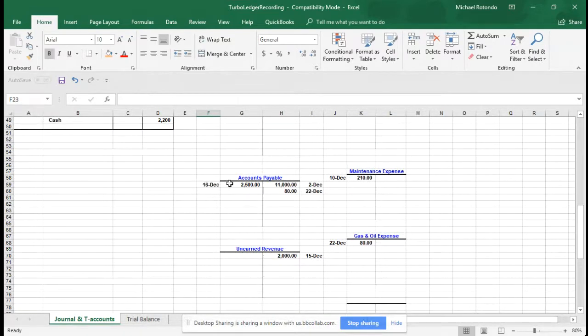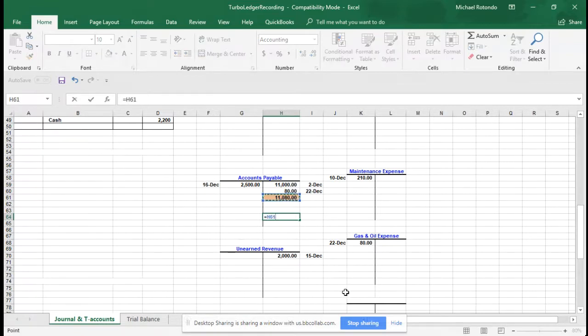Now, accounts payable, we have 1 debit and 2 credits, so we need to foot the 2 credits. And we get a total credits of 11,080. Accounts payable is going to have a credit balance. We would expect that to be the case since it's a liability. Liabilities have a normal credit balance.